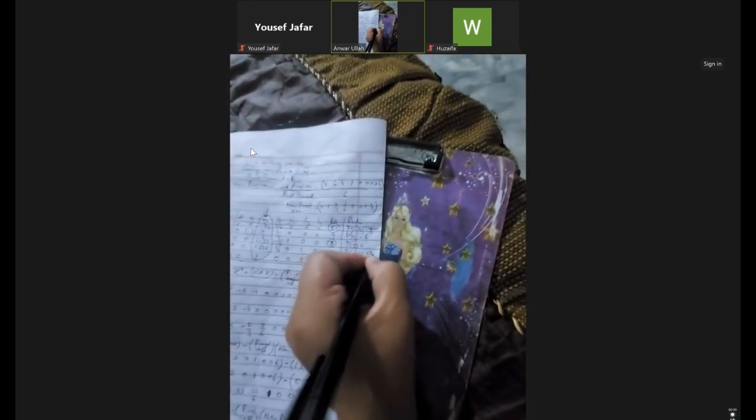5 divided by 1.666 gives us close to 3.0 something. Now 2 divided by 1.33 gives us 1.5. So now the least one is 1.5.